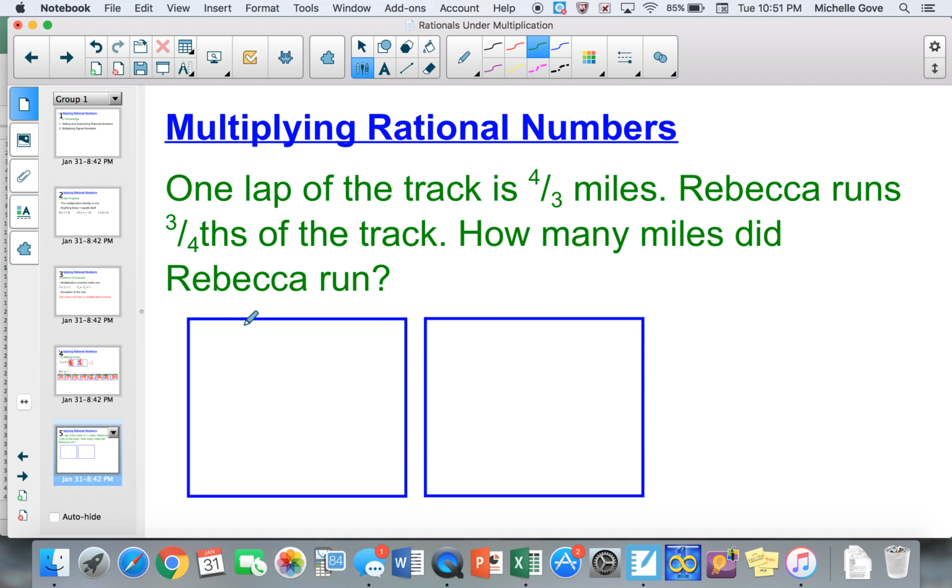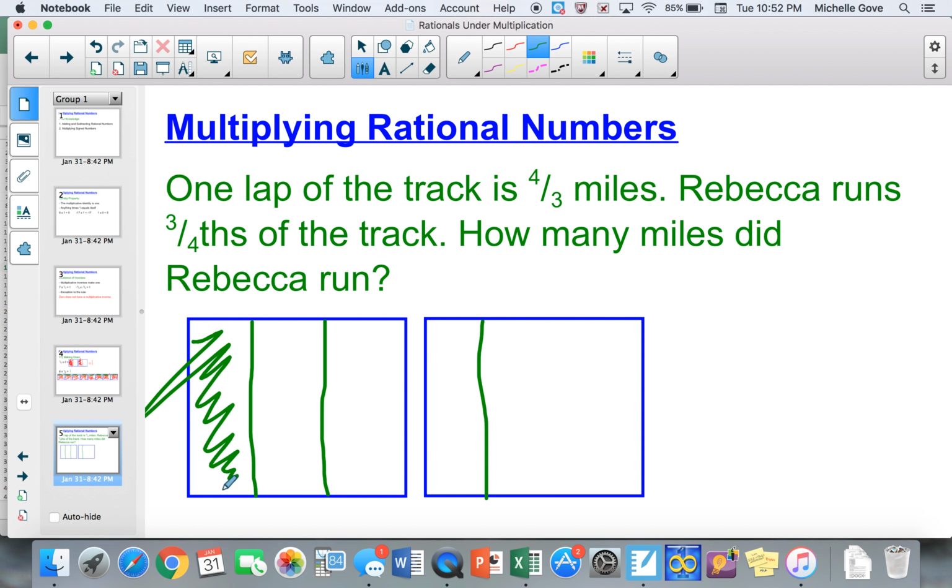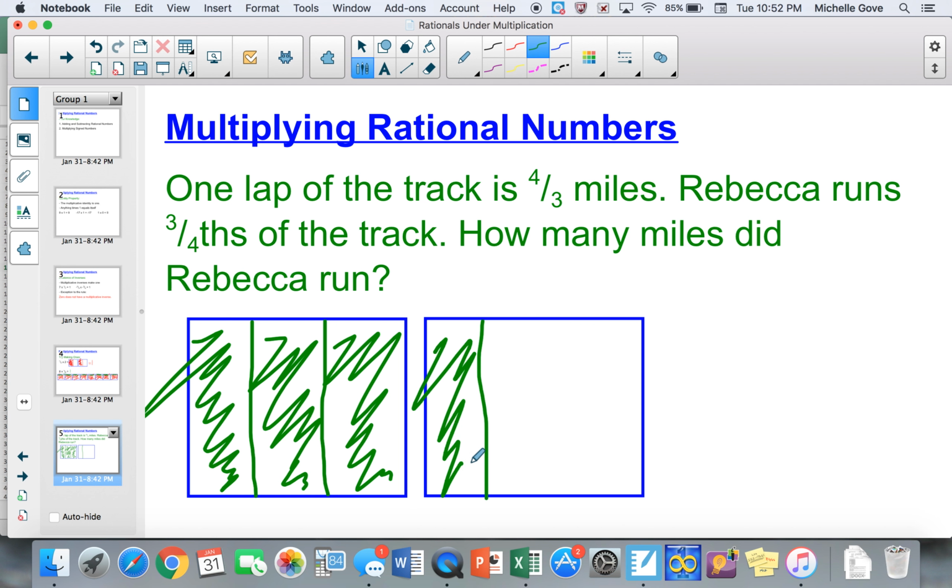I'm going to start here, and I'm going to fill in 4/3. So I have 1/3, 2/3, 3/3, and 4/3, because we know that each lap around the track is 4/3 miles. So that's our green part.